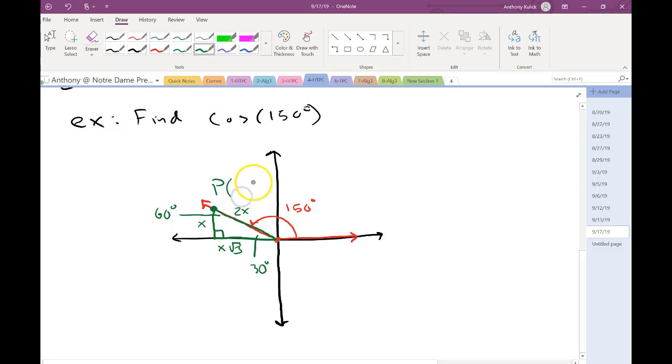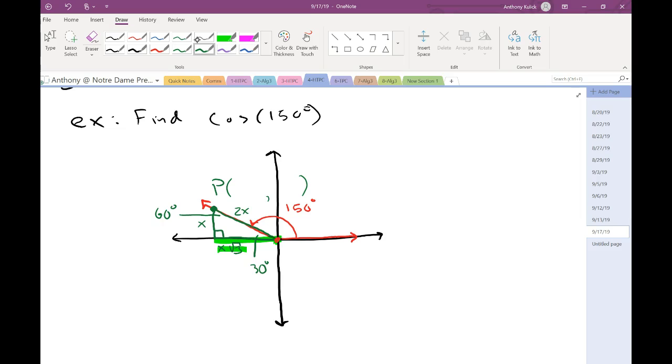So my point P has the x coordinate of, well, if I started at the origin and I go to get my point, how far did I go? X square root 3. Correct? Everybody okay with that? Which direction did I go, though? I went to the left.